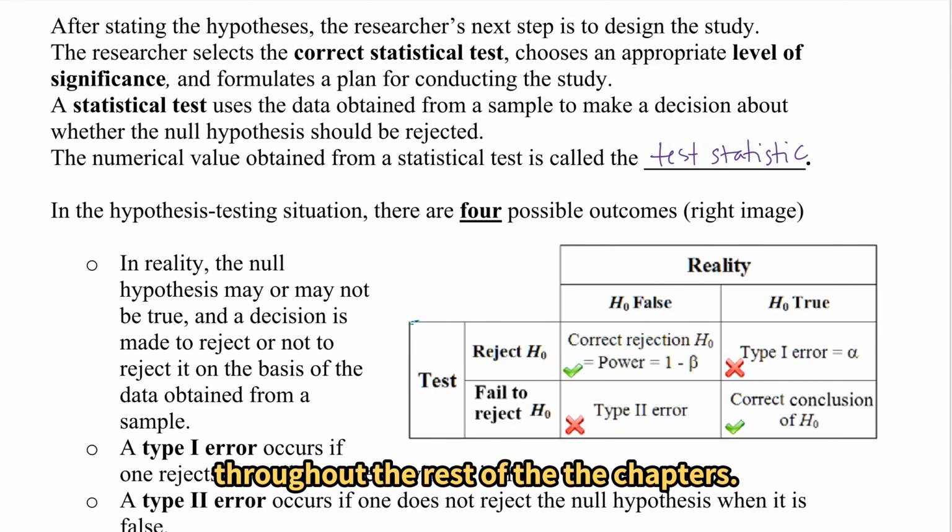We'll choose an appropriate level of significance, and this is similar in a way to our confidence levels. The level of significance is actually the alpha. So our confidence level for Chapter 7 in creating confidence intervals was 1 minus alpha, 95%, 99% confidence level.